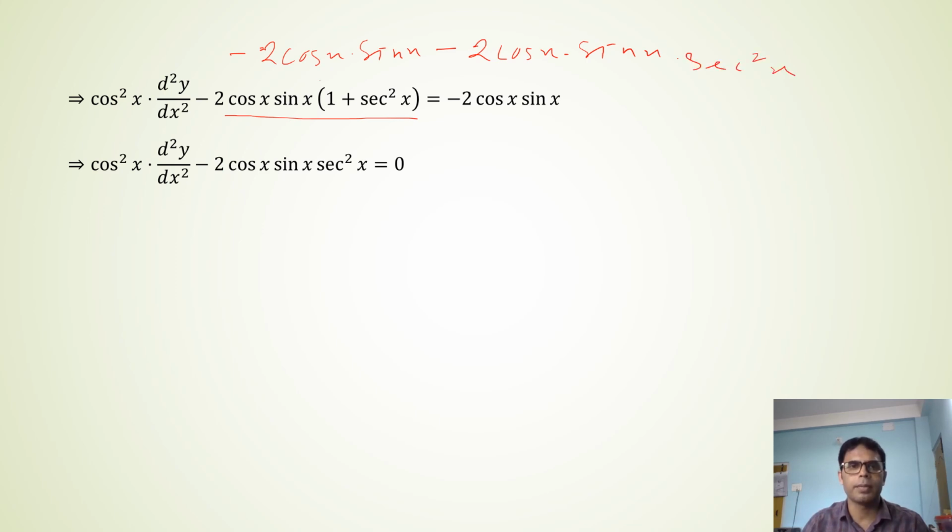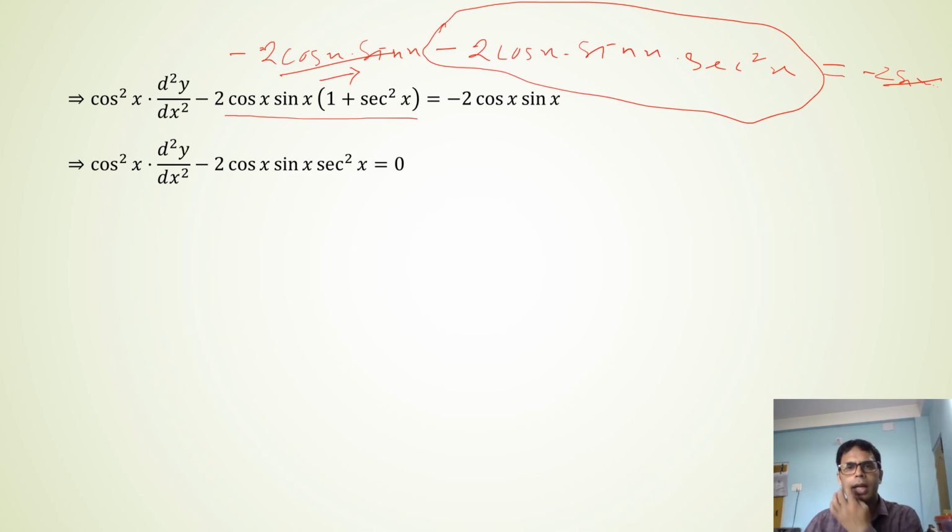This is the term after completion of the product, and the right hand side is already minus 2 sin x into cos x, and that minus 2 sin x into cos x is already cancelled here, and that line is skipped. So the term in the left hand side will remain, and on the right hand side it is already cancelled, so it is 0 only, and this term is remaining as it is. So you understood this, I think.